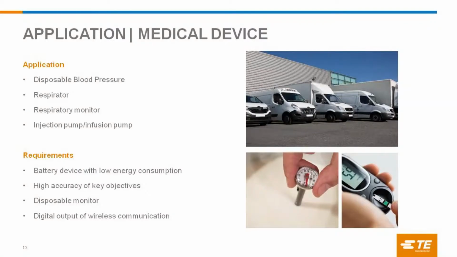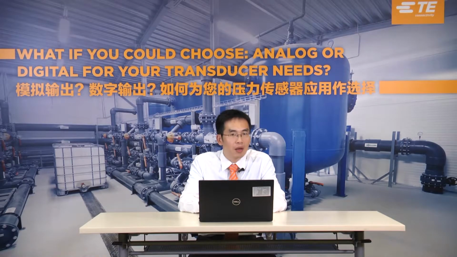For medical devices, we see many sensors used. The most common one would be pressure sensors, such as in patient monitoring with a respirator. The breath or the oxygen supply to the patient has to be monitored precisely and communicated with the alarm system on time, accurately.